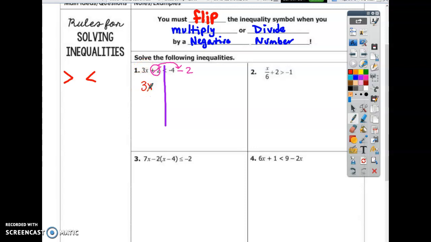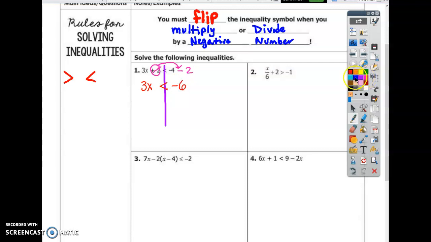I have not multiplied or divided by a negative number, so the symbol stays the same. What's -4 minus 2? Check in Desmos. -4 minus 2. -6. Thank you. -6. So I combined like terms.